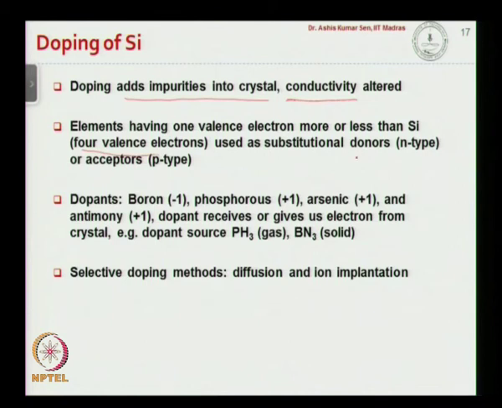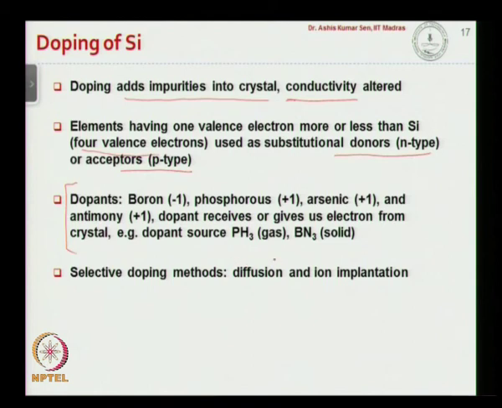The one that has one less is known as N type, and the one that has one more is called P type. Some of the dopants that are used are boron, phosphorus, arsenic, antimony. The dopant would receive or give an electron from the crystal.